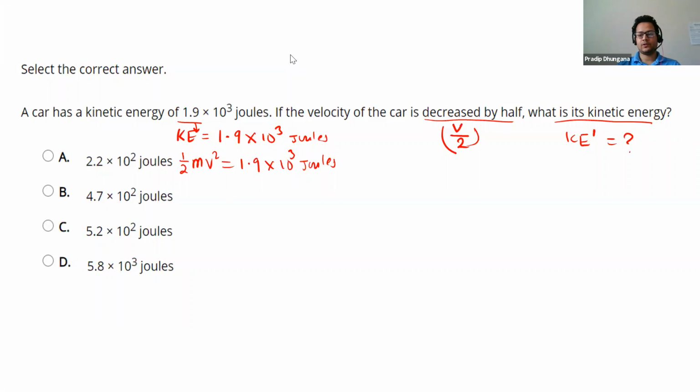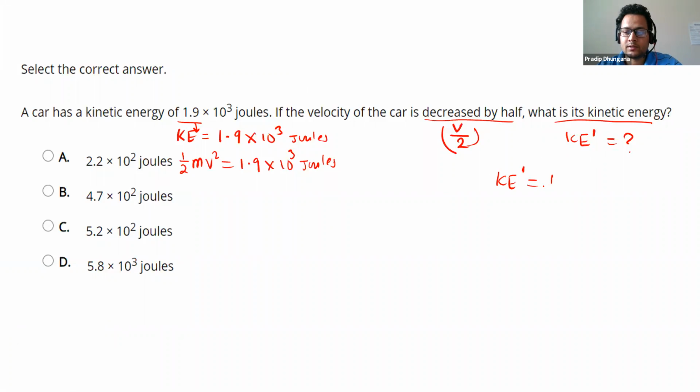Okay, thank you very much for the participation. Let me end the poll and then I'll work through this problem. We have to calculate the kinetic energy of the car when its velocity is decreased by half.